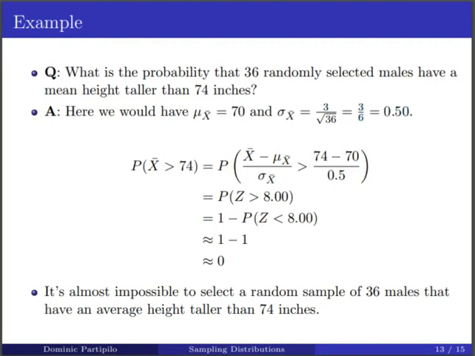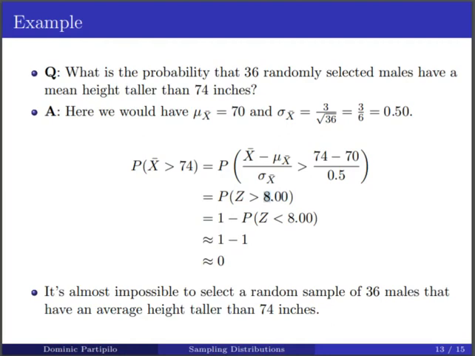And when we go about our normal probability calculations, we'll eventually need to know what the probability of Z being greater than 8 is. And think about what it means for a Z value to be 8. That means something is 8 standard deviations above the mean. And if you remember what the normal curve looked like, it started to flatten out and get pretty thin around the 3.5 mark.